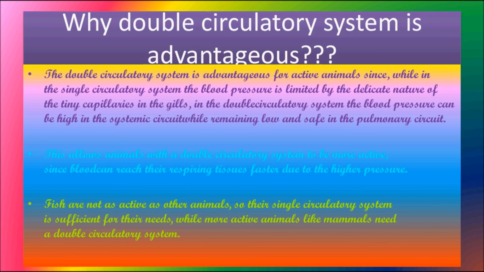And double circulation permits an animal to be more active, since blood can reach the respiring tissues faster due to the higher pressure of the blood.